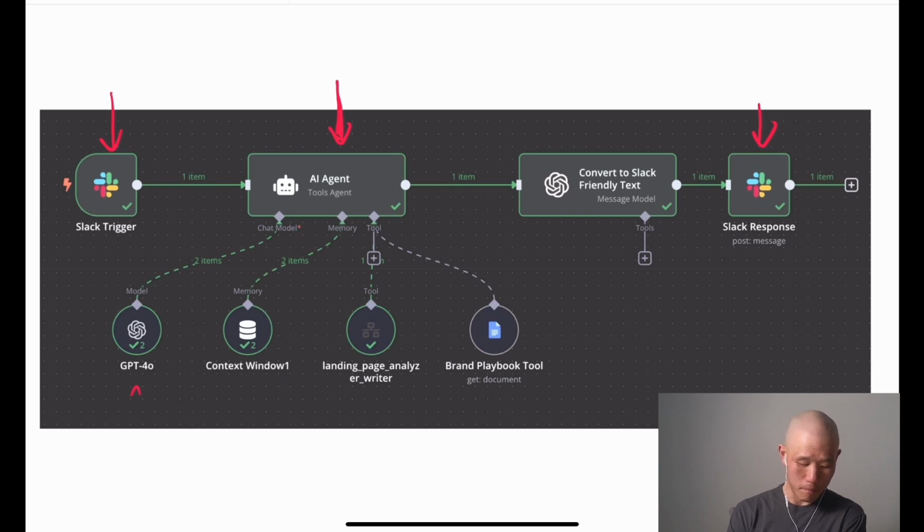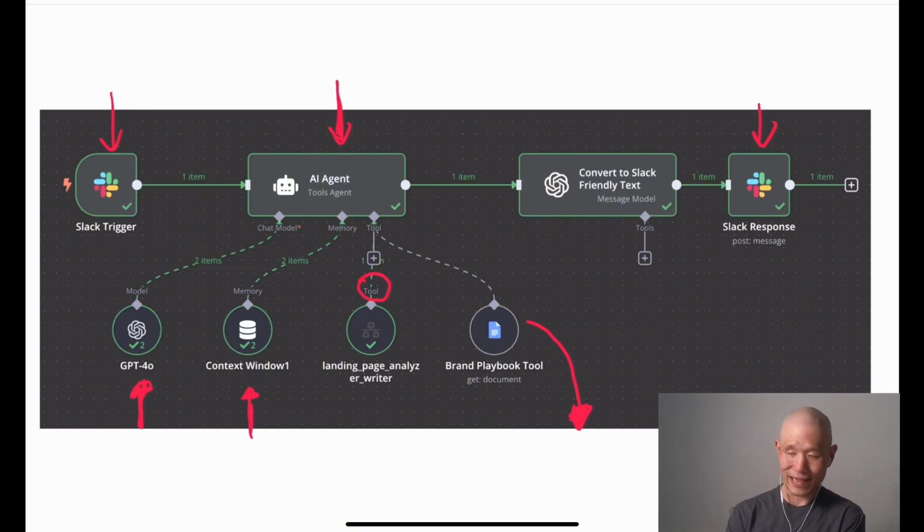The agent over here has a few things. It's got a model that it's hooked up to that people like to call the brain. It has a context window functionality that allows it to remember the chats you've had with it through the window buffer memory function. And then it has access to two tools, which is what gives it the ability to act as an agent autonomously. So tool number 1 is the brand playbook, which is set up through Google Docs.